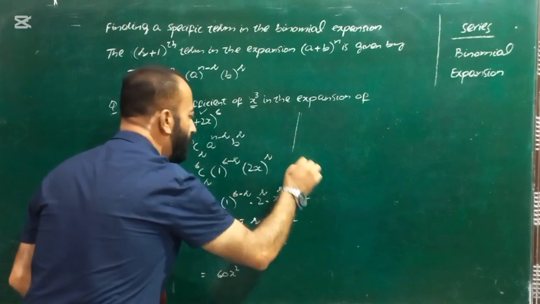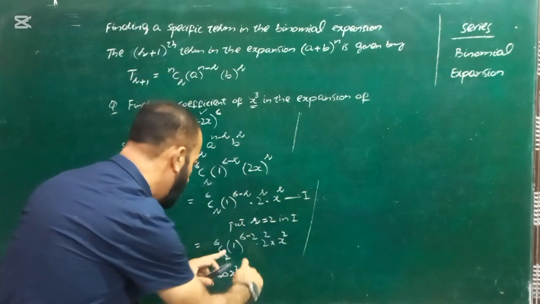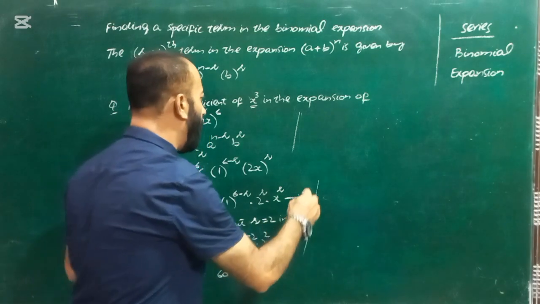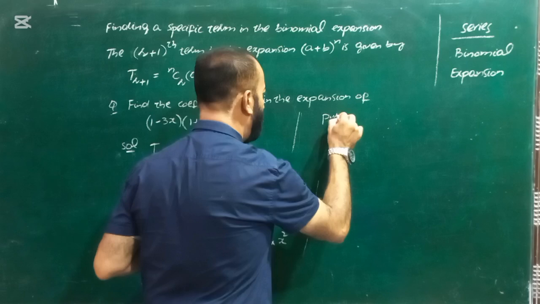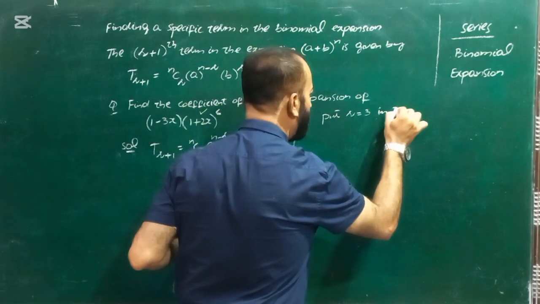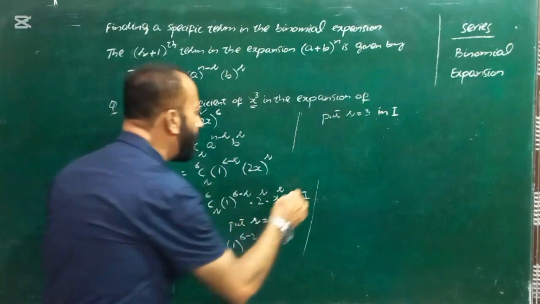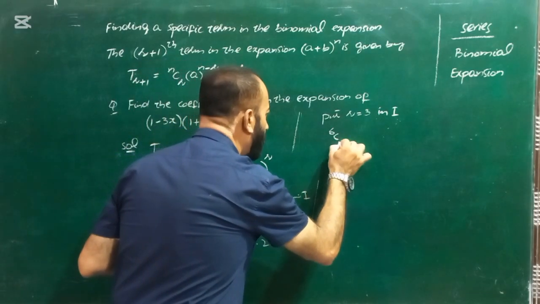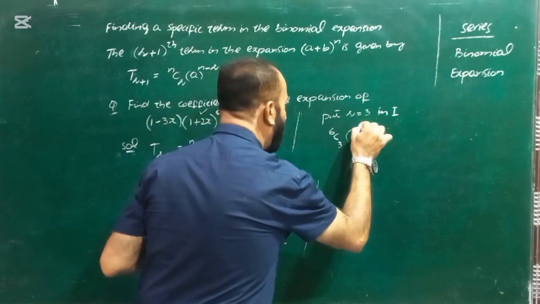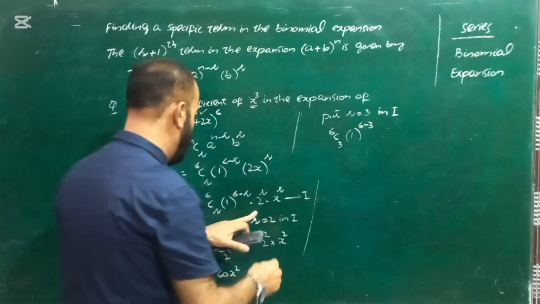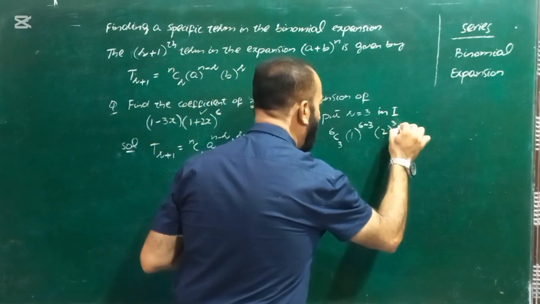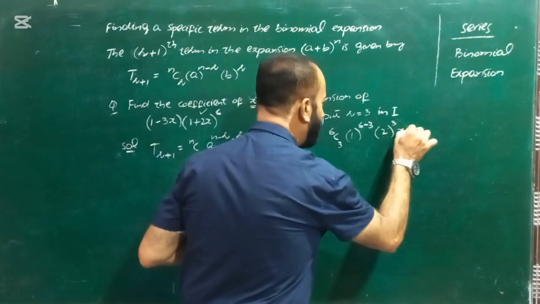So there is no need to do the full steps now. Here in this step we can put r is equal to 3. So look now, put r is equal to 3 in 1. So it will become 6c3 into 1 raised to power 6 minus 3 into 2 raised to power 3 into x raised to power 3.